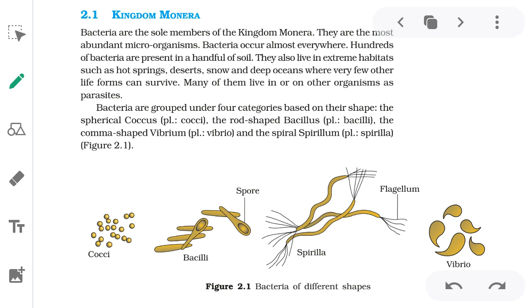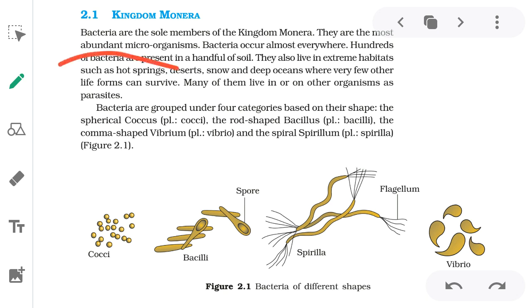They also live in extreme habitats. Extreme habitat means saline habitat, where saline water is present. If we talk about temperature, 100 plus degrees centigrade, or we can say minus degree temperature. So bacteria can be found everywhere.